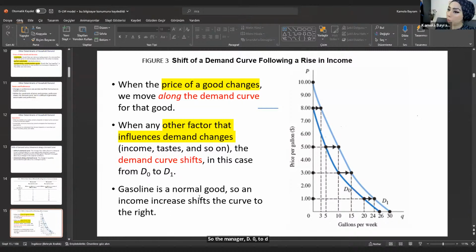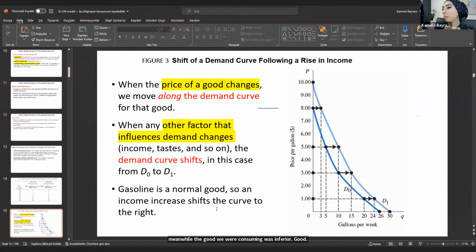Gasoline is a normal good. Again, if you remember, we split goods into normal goods and inferior goods. Gasoline is a normal good, so an income increase shifts the curve to the right. Meanwhile, if there is a change in income and the good we were consuming was an inferior good, we are not going to consume more.